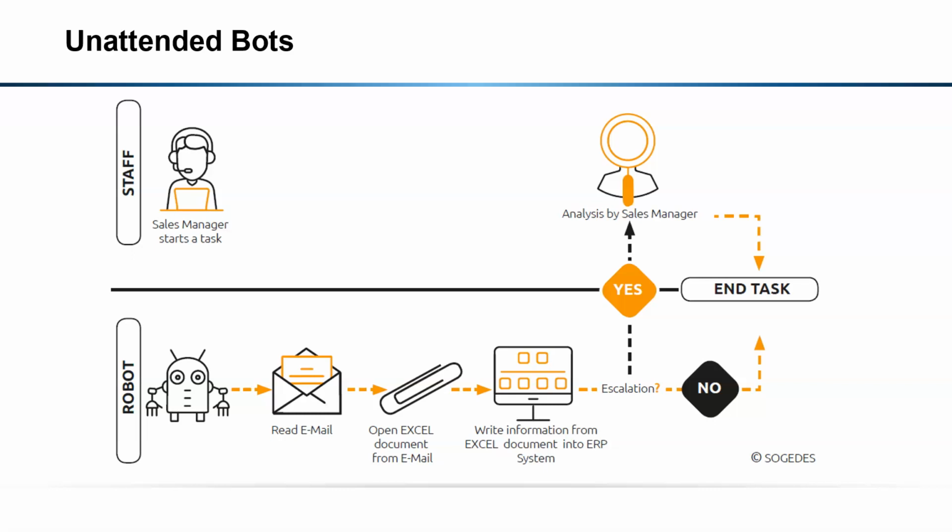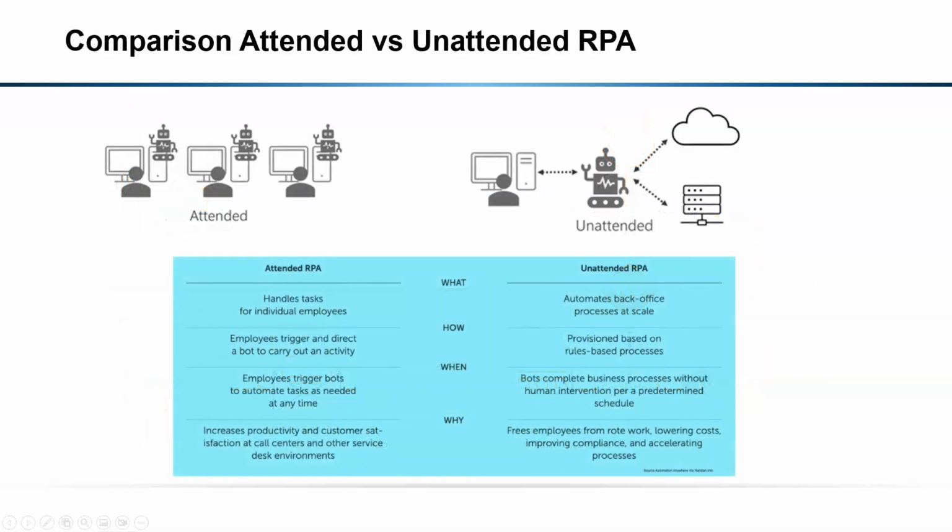These are unattended bots. To compare both attended and unattended: if you look at attended, there is a bot sitting on each and every employee's desk. So the employee can co-work with the bot, with the bot doing some activities and the employee doing activities. That is attended.